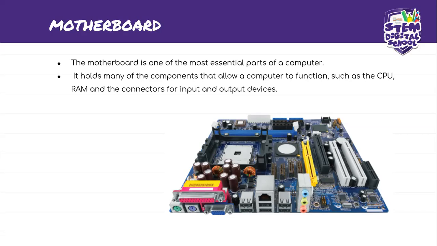So the connectors for input and output devices are found here on the motherboard. Yes, they are found on the motherboard. Okay, the CPU is also here on the motherboard.